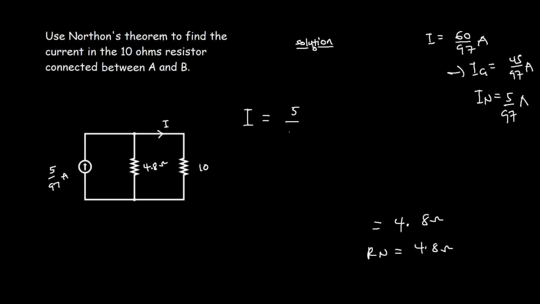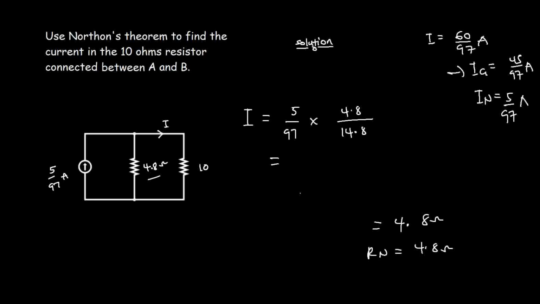That will be 5.97, times this resistor, which is 4.8 ohms, divided by the sum of the two resistor values. So which will be 4.8 plus 10, that will be 14.8. So let's calculate for this value. So 5.97 times 4.8 divided by 14.8.